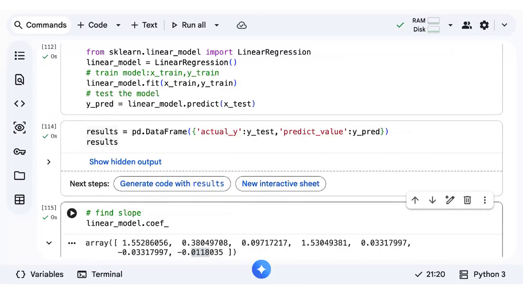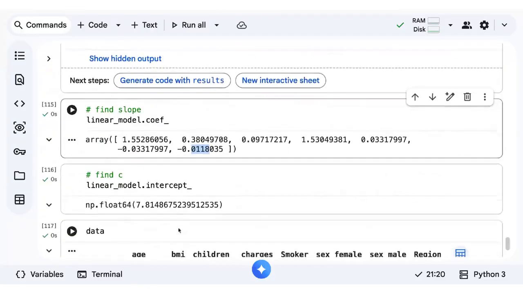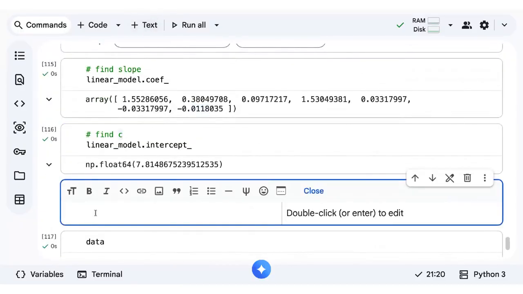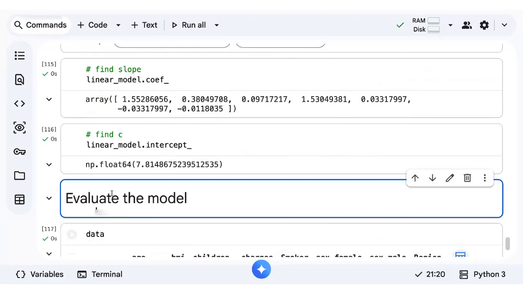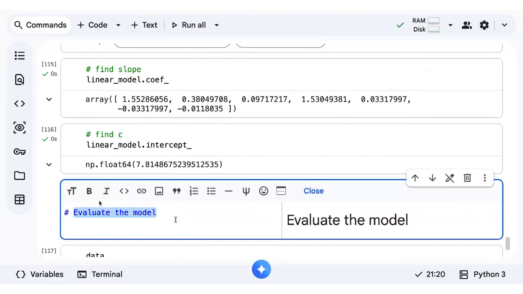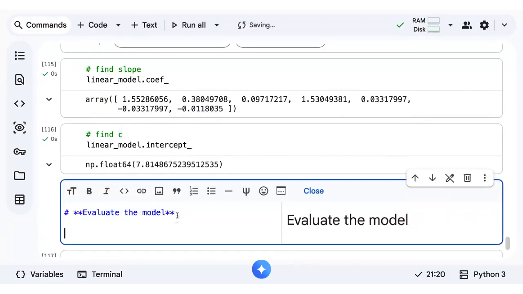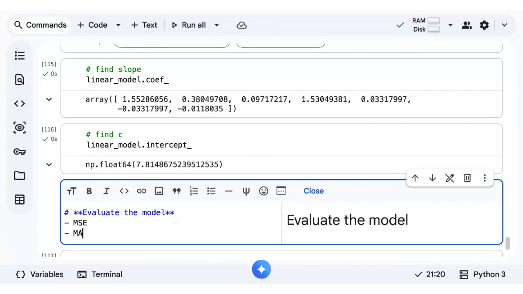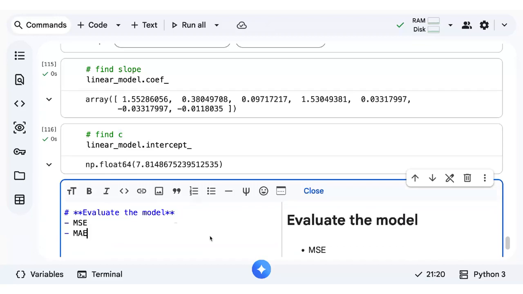Okay. Now, how do you know that this model is good? If loss is less. We don't just find the loss, we evaluate the model. For evaluating the model, as I said in our last class, we have different loss functions and metrics like MSE, we have MAE. Again, they have different formulas, but we'll be using just libraries.